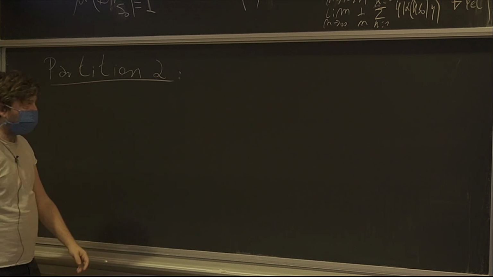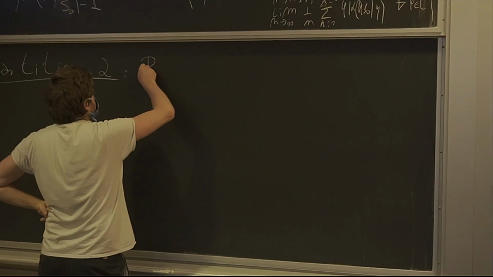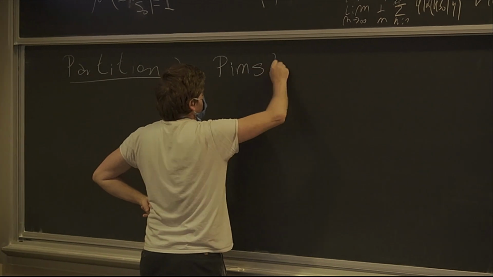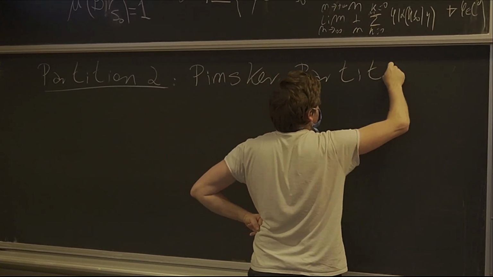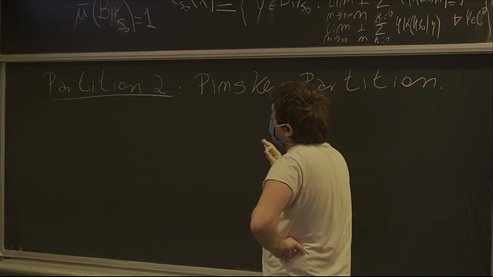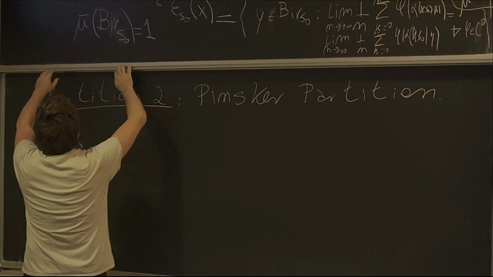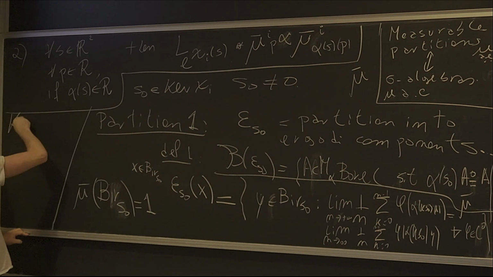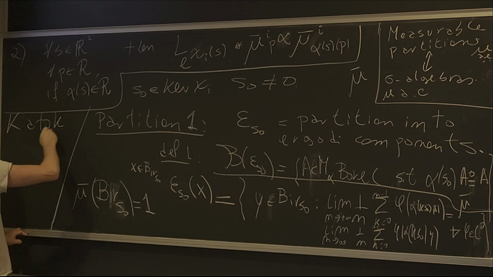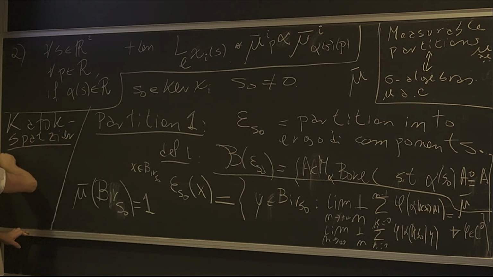Next partition is the Pinsker partition. And what I'm discussing here, maybe I should put here, is Katok-Spatzier, and it has a name. It's called the pi-partition trick.